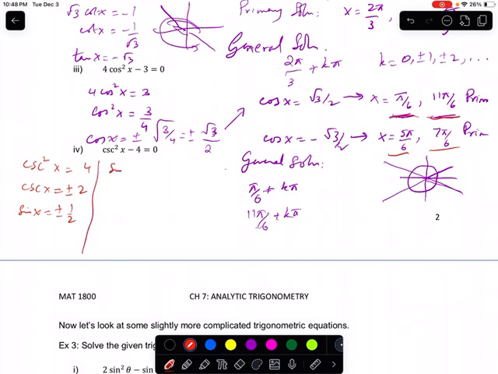The other equation is sine of x is equal to negative 1/2. So this will give me the primary solution x is equal to pi over 6 and 5 pi over 6. The second one will say x is equal to 7 pi over 6 and 11 pi over 6. And then you should be able to write the general solution.